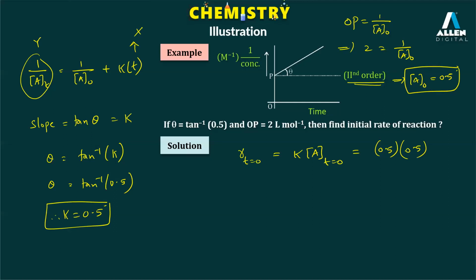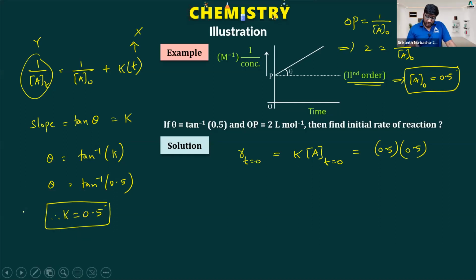But is it correct, or do we need to change something? It is a second order reaction. Rate at time t equal to 0 is k into concentration of A at time t equal to 0 whole square; you have to write the square. If you write only k into concentration of A, that becomes first order, but it's a second order reaction. So k into concentration of A whole power 2 at time t equal to 0: 0.5 into 0.5 whole square. 1 by 2 into 1 by 2 square, that is 1 by 2 into 1 by 4, that is 1 by 8.